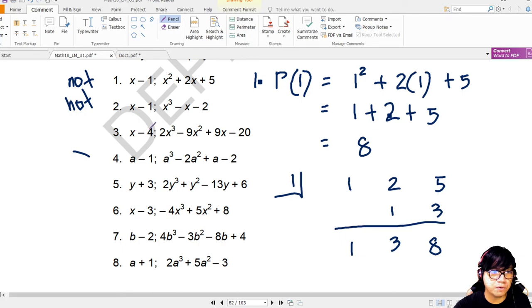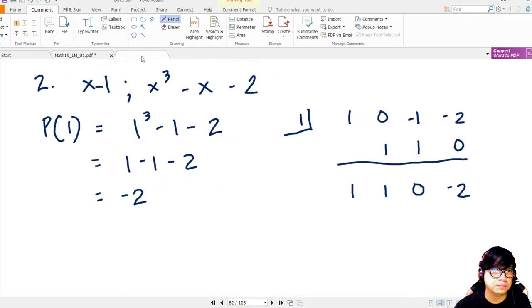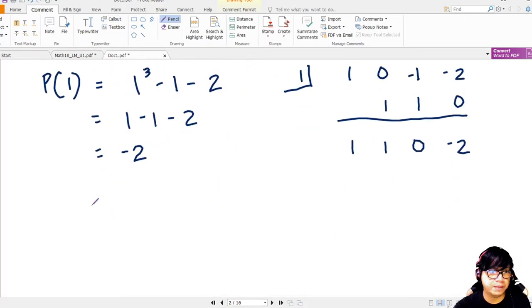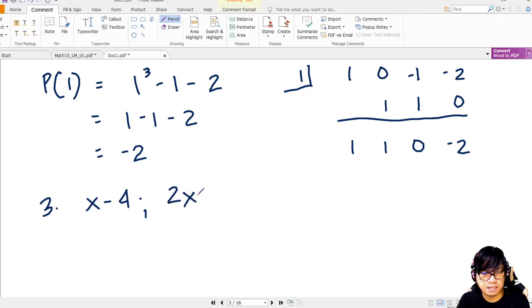For number 3, the given divisor is x minus 4, and the polynomial is 2x cubed minus 9x squared plus 9x minus 20.